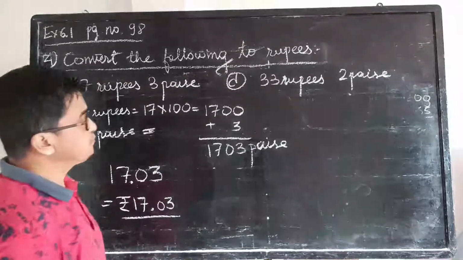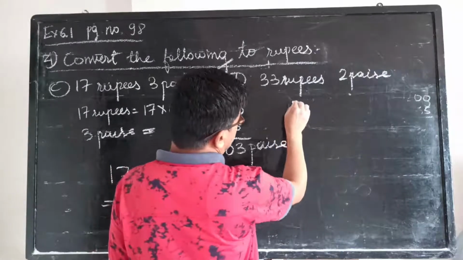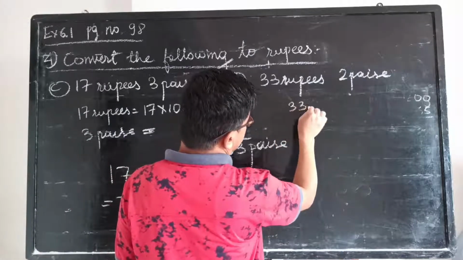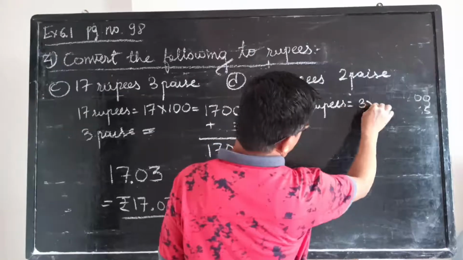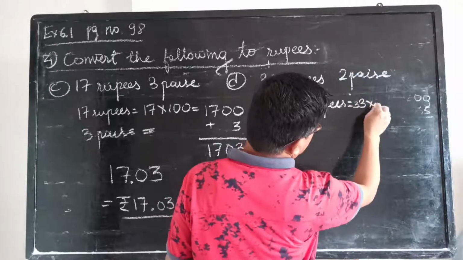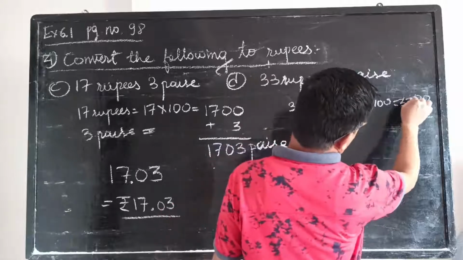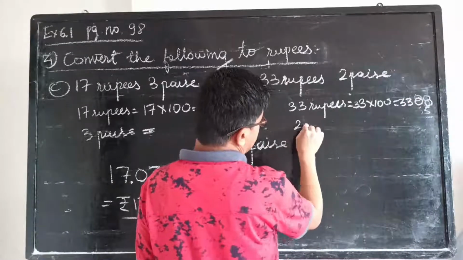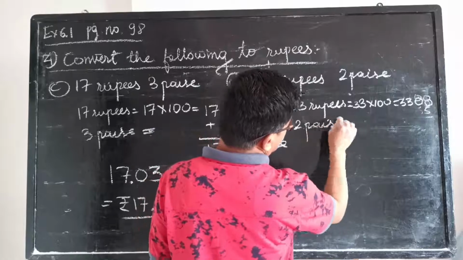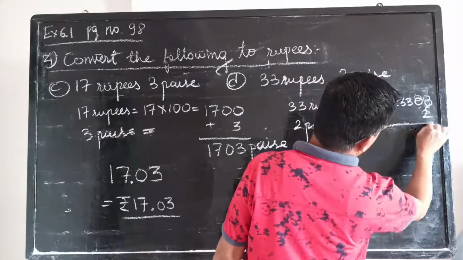And D. The 33 rupees 2 paise. Now look here. Convert this into paise. 33 rupees is equal to 33 into 100 is equal to 3300. Then 2 paise is equal to 2 only.